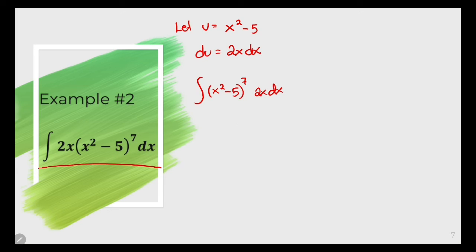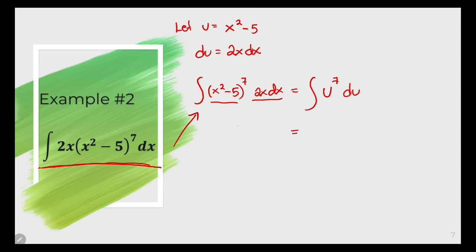Remember, since this is multiplication, and multiplication is commutative, we can rearrange this original expression into this expression. Why rearrange? Since 2x dx is equivalent to du, and x squared minus 5 is equivalent to u, by substitution this is equivalent to u to the power of 7, and 2x dx is equivalent to du.